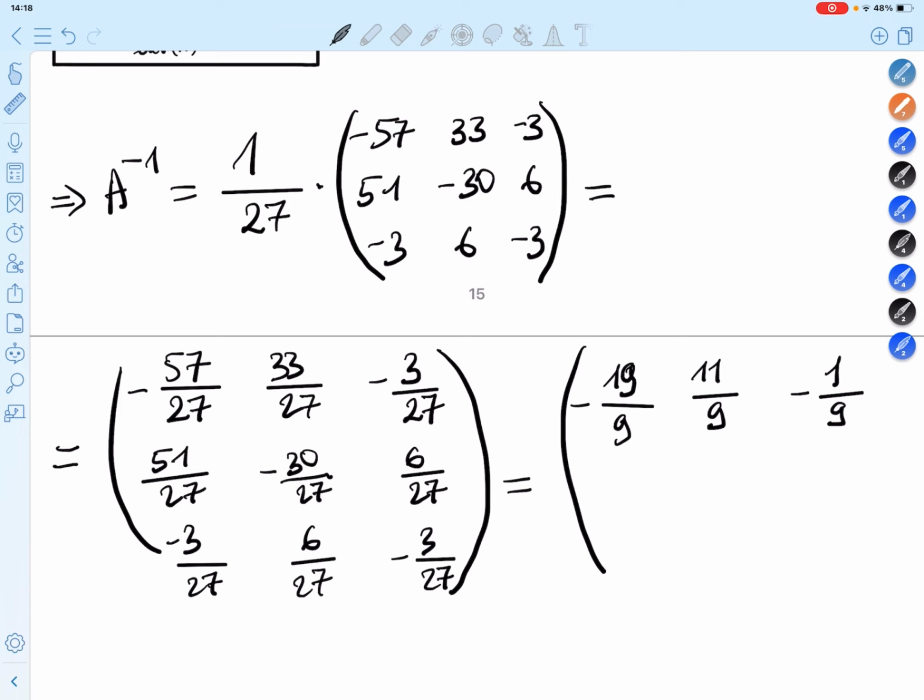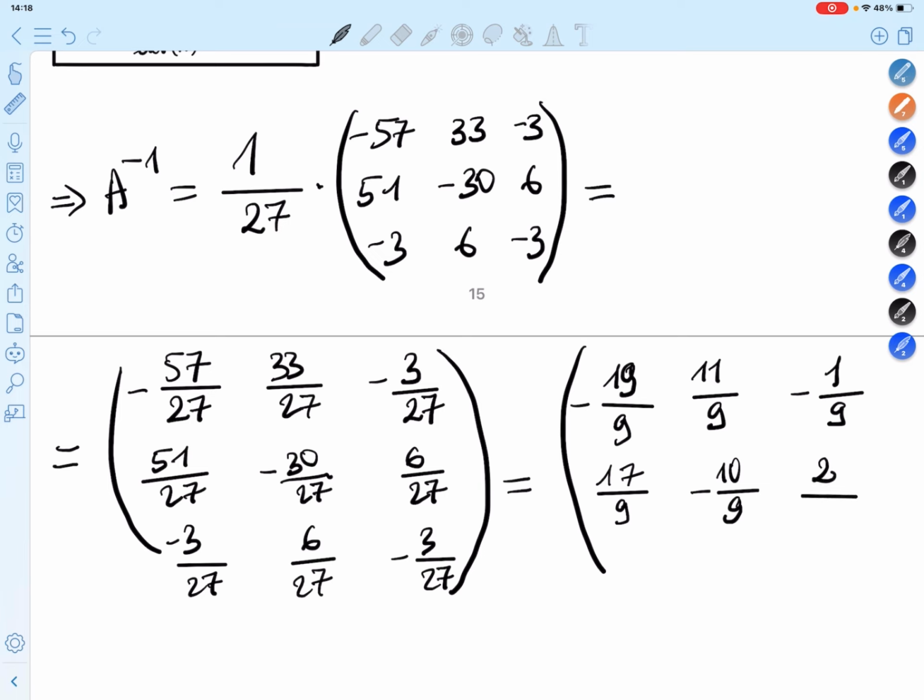The second row, we would have 19 over 9. Actually, no, this is 51, so 17 over 9. Then we have 30 divided by 3 would give me 10. 27 divided by 3 would give me 9. Then here 6 divided by 3 would give me 2.